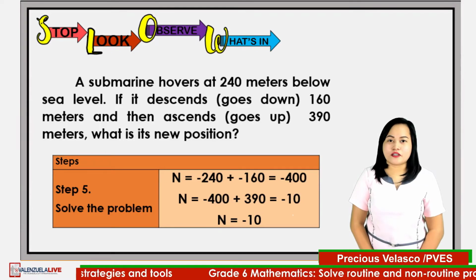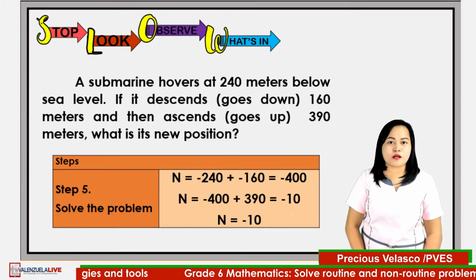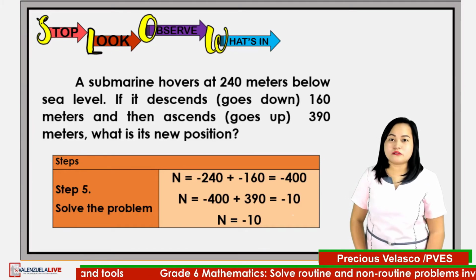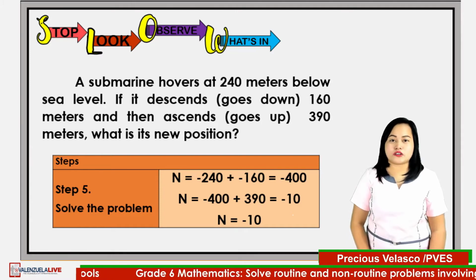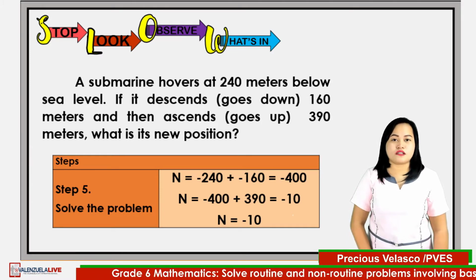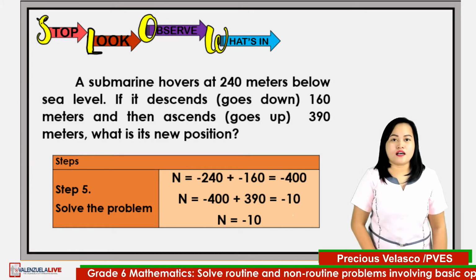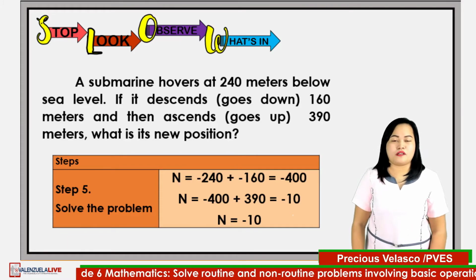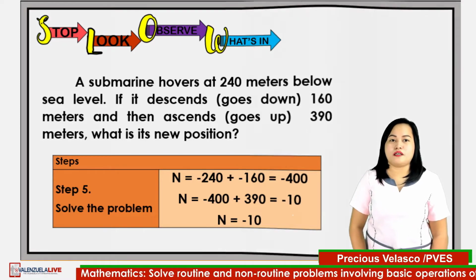Well, I think you are ready to answer the following problem, and I will let you use different kinds of strategies or tools that will satisfy the answer in our problem. So here's the first problem.